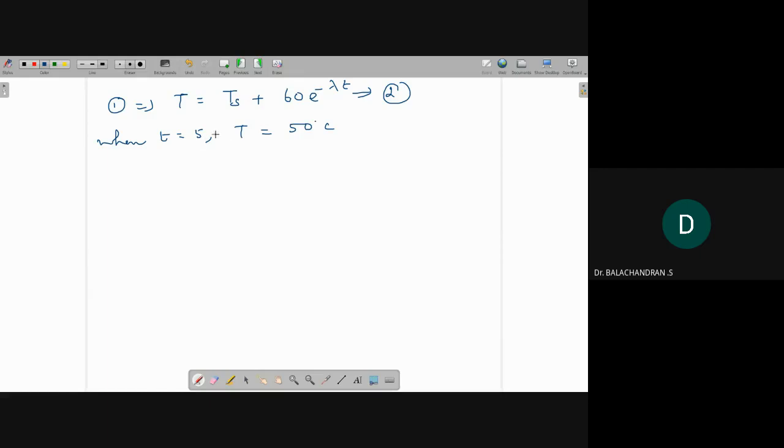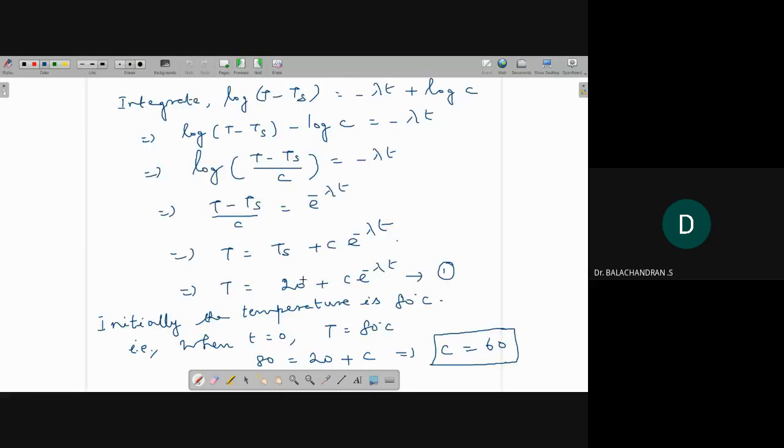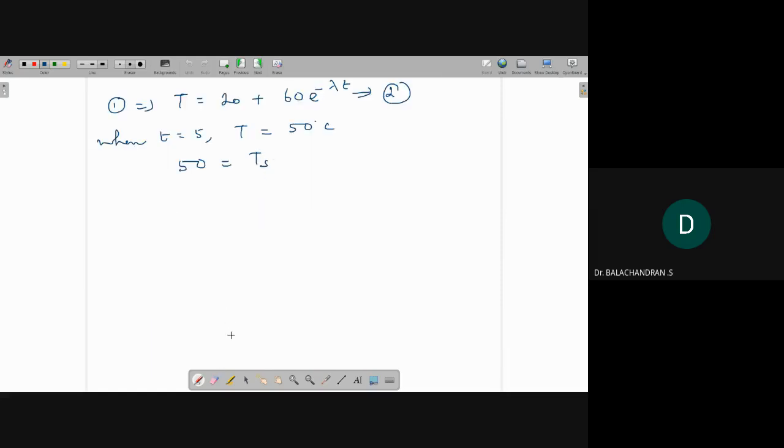Using this condition in equation 2, we have 50 = Ts, and we know Ts is 20, so 50 = 20 + 60·e^(−5λ).